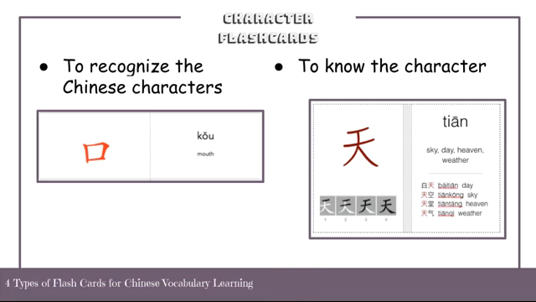So you know that is the character you are learning. 白天 means day, 天空 means sky, 天堂 means heaven, 天气 means weather. So you can see 天 when used with different characters will form different words, and the different words mean different things.